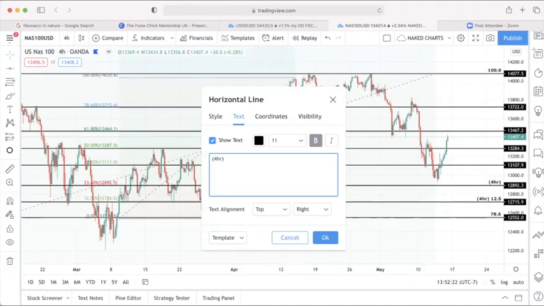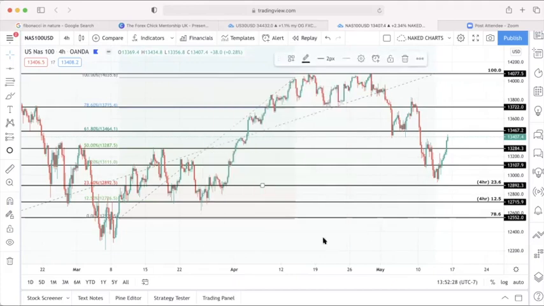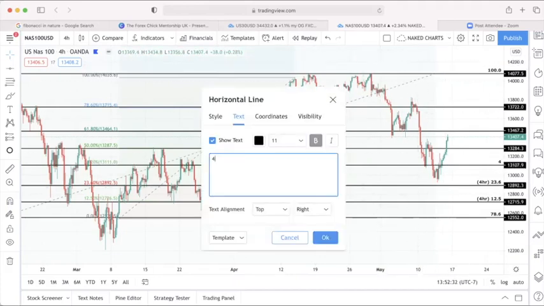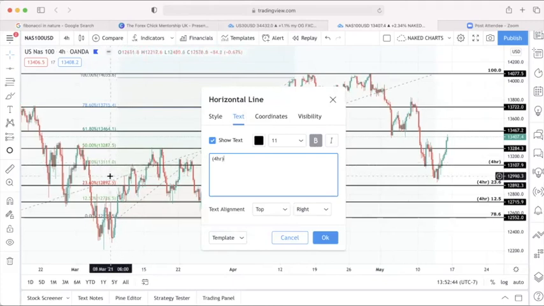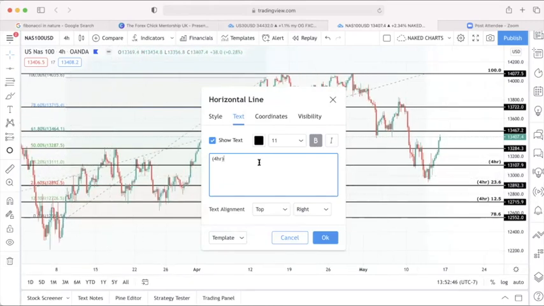I'll be like, wait, which fib level was this again? Then I'll have to remeasure everything. That was pointless. What does that say? 38.2.